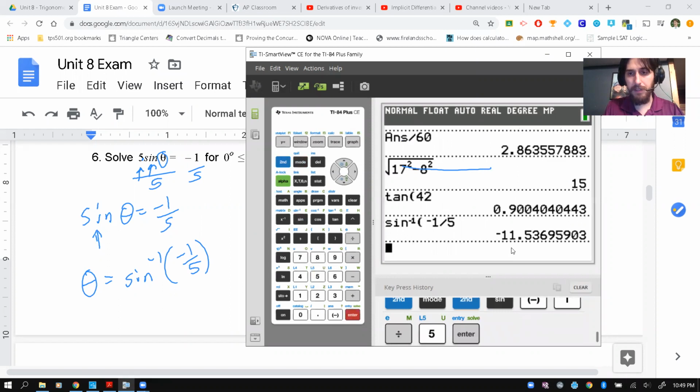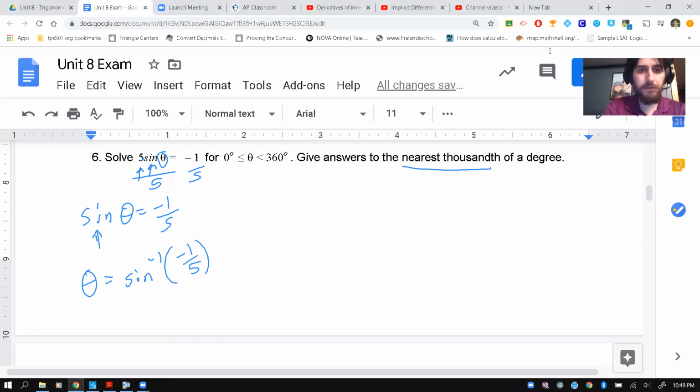And that is -11.537 degrees. There it is. So this is going to be about -11.537 degrees.